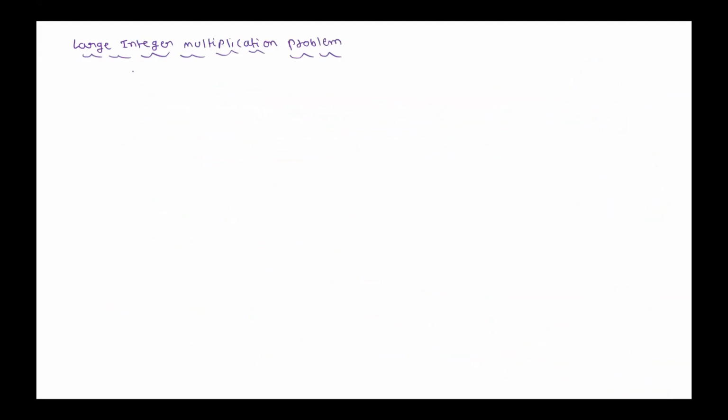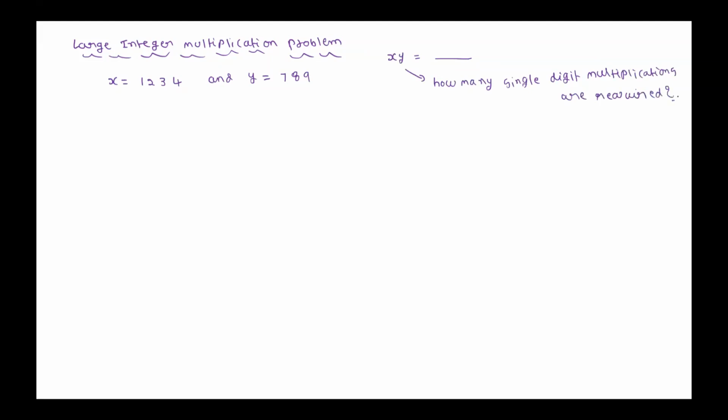If we are given two integers in decimal, say x equal to 1234 and y equal to 6789, in order to multiply and find the product xy, how many single digit multiplications are required?